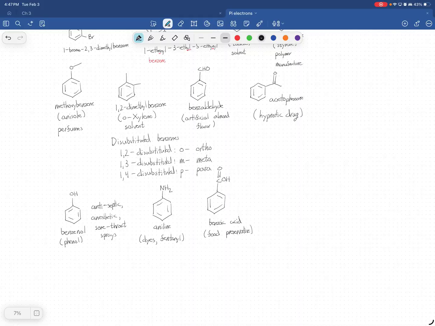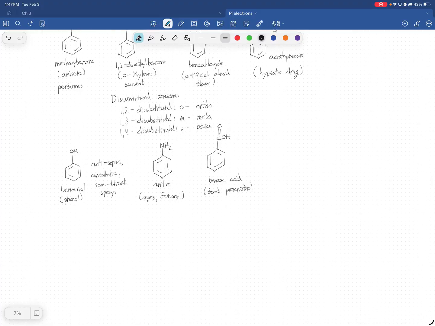So when is benzene a substituent, and when is it the primary chain, okay? So let's talk about just 2 more things here. As a substituent, C6H5 is named phenyl.